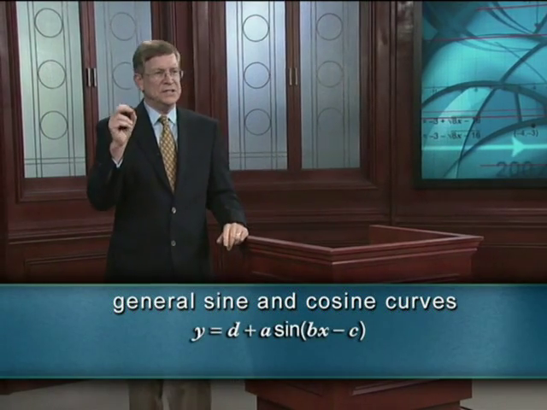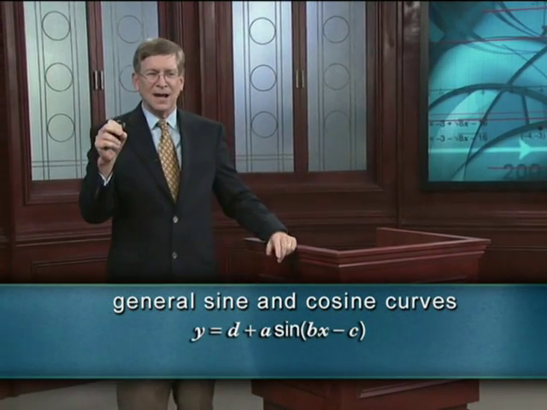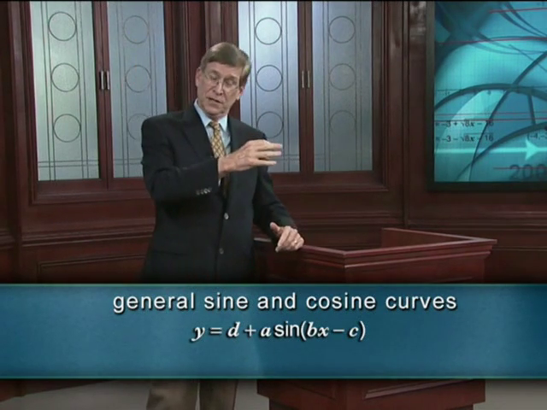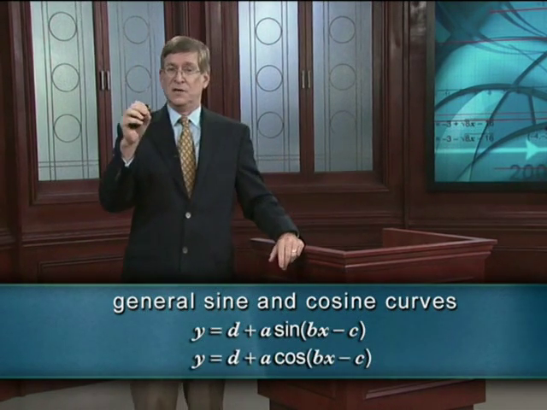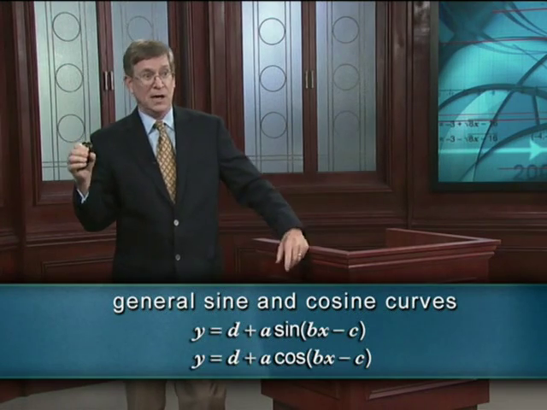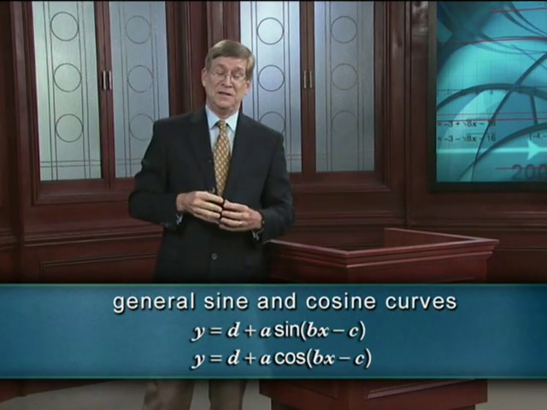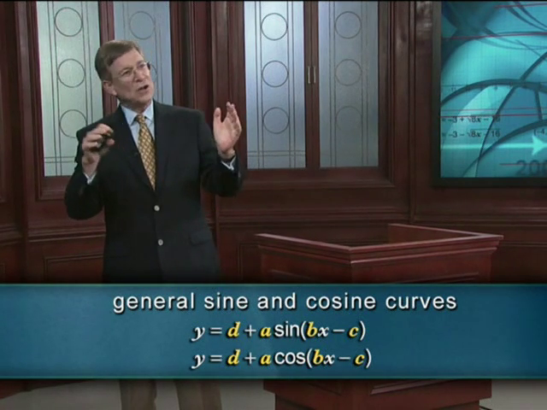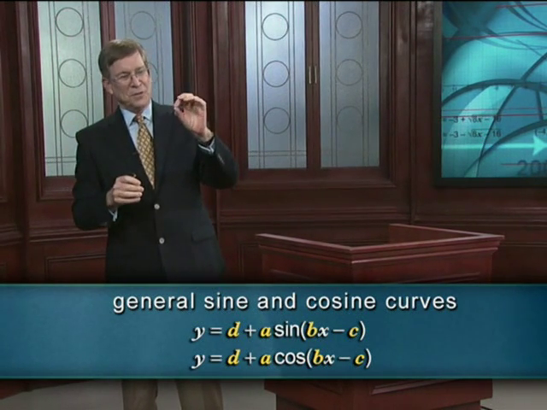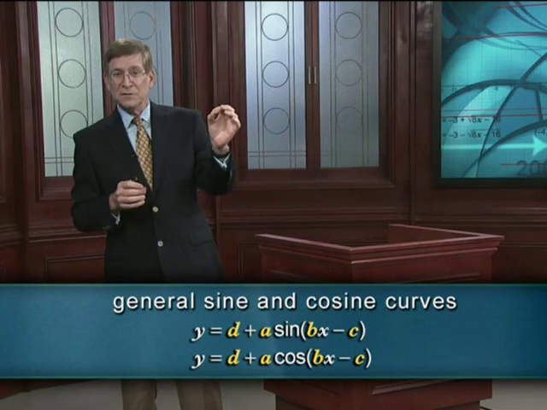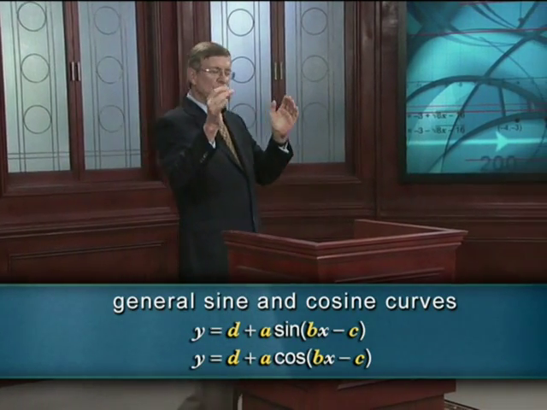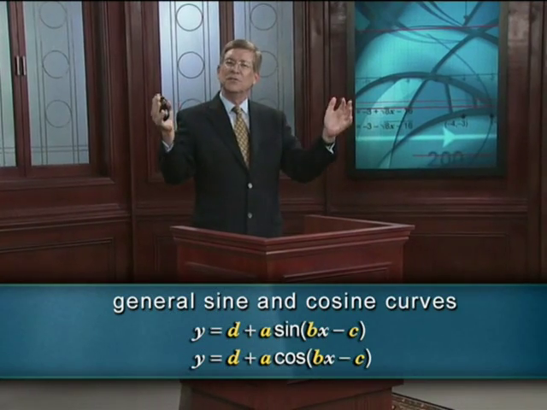y equals d plus a sine quantity bx minus c, and the corresponding cosine equation, y equals d plus a cosine bx minus c. There are 4 constants here, and depending on your application, those constants can be determined or be given to you, and those constants will change the shape of the sine curve.